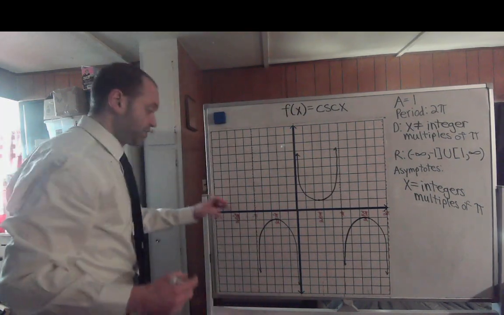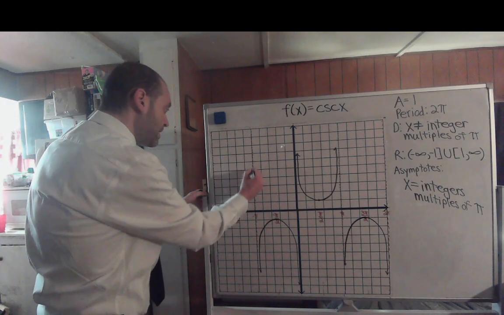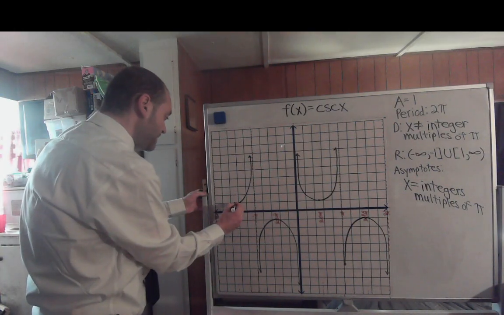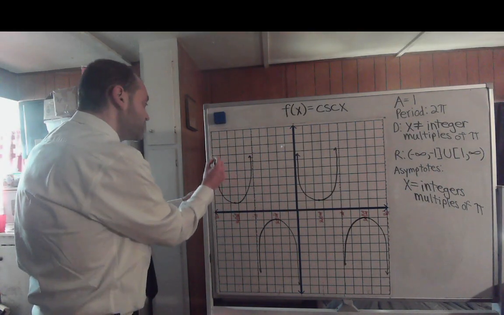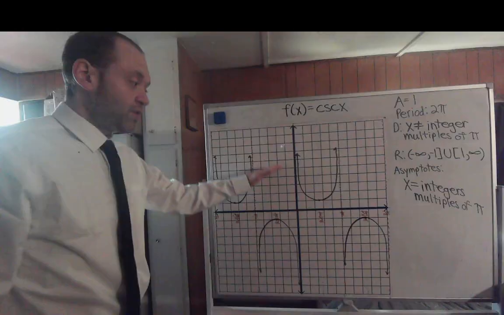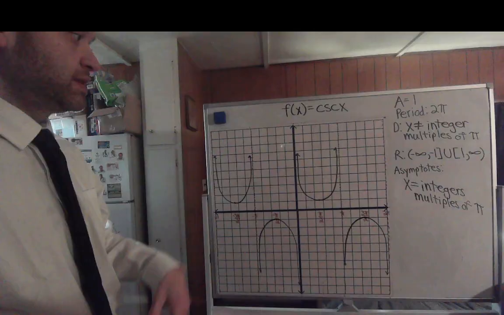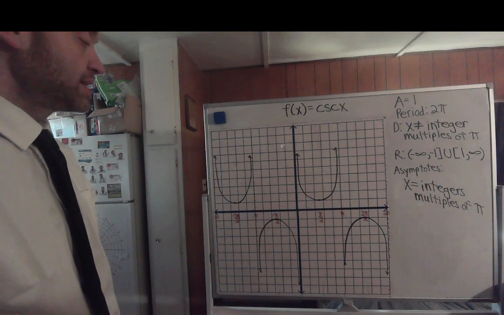And then negative 3 pi over 2 is positive 1, so here's what that's going to look like from negative 2 pi to negative pi. So this graph is going to do this infinitely, with the asymptotes and all that.